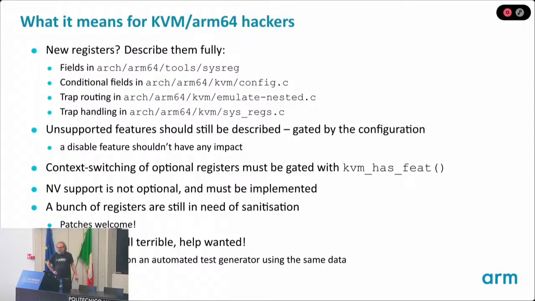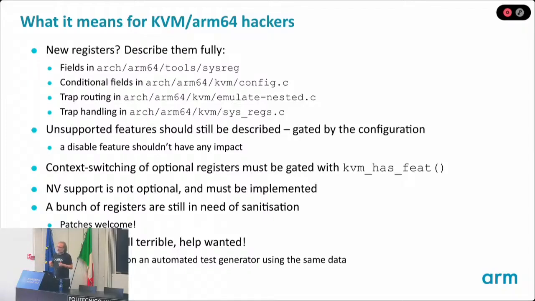We really want to see unsupported features described in these tables. Don't leave anything out. It's important that we see that we have at least the description of the feature. Thankfully, because we have the full description, we can blat the rest of the bits out, and the feature will be disabled when the feature is disabled.